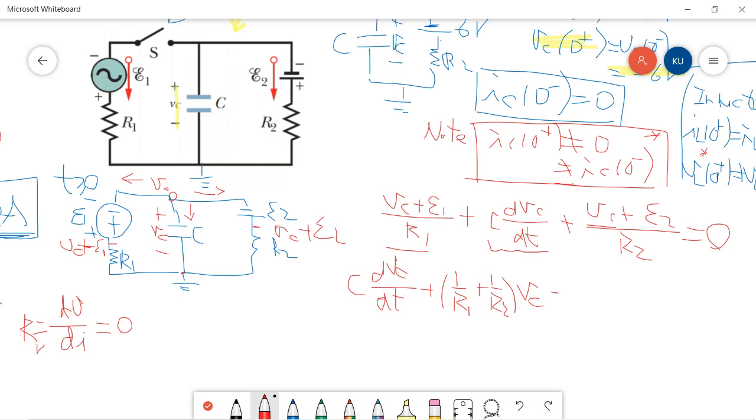So next, E1 and E2 are the terms unrelated to VC, so we move them to the right hand side. So we have minus E1 over R1 and minus E2 over R2 on the right hand side.